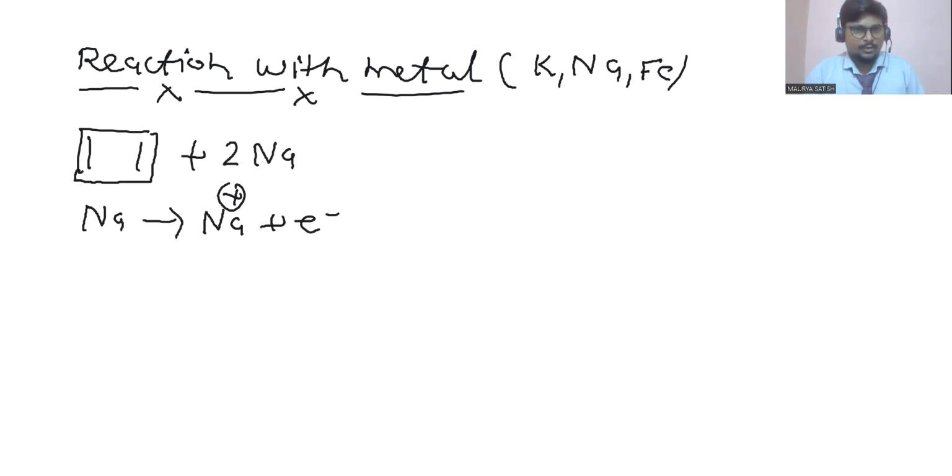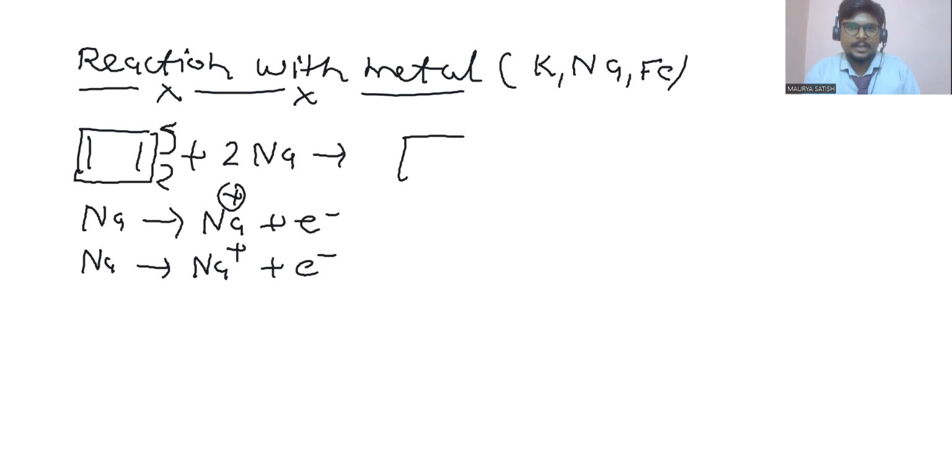Another sodium also loses an electron, it becomes Na plus, and another electron. That means it loses 2 electrons, and the single bond breaks, so the arrow is one sided, with 1 electron from this sodium and another electron from the other sodium.